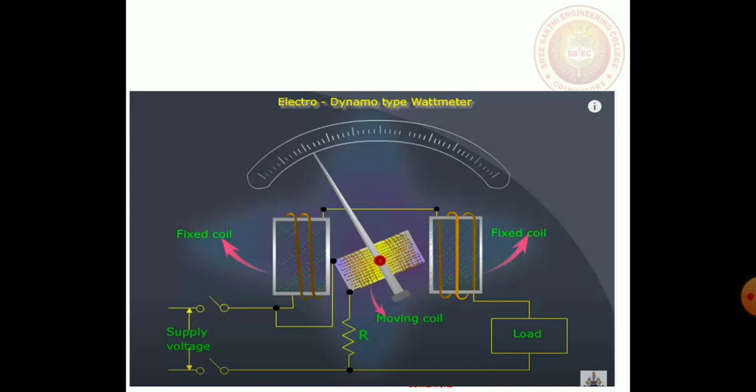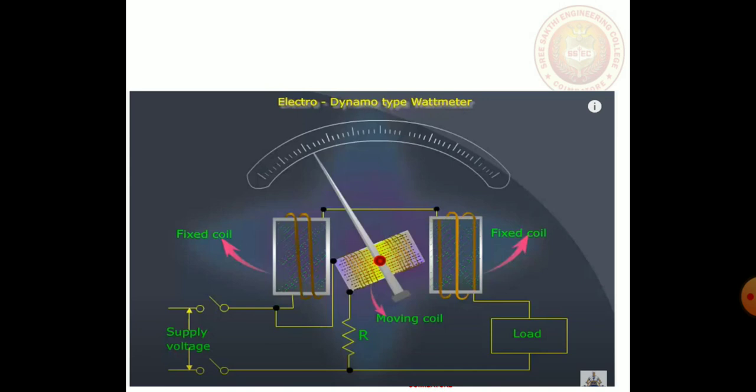Now we discuss the electrodynamometer wattmeter. Electrodynamometer wattmeters are mainly used for the measurement of DC as well as AC power. It works on the dynamometer principle, that is, a mechanical force exists between two current carrying conductors or coils.